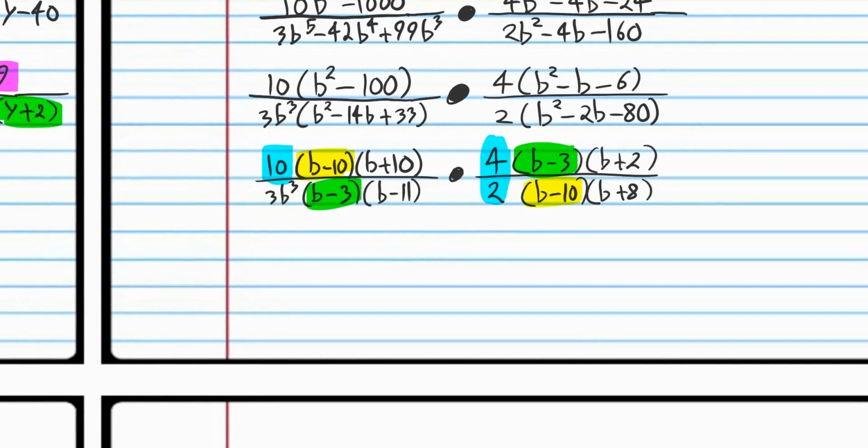So 10 times 4 is 40. And 2 times 3 is 6.